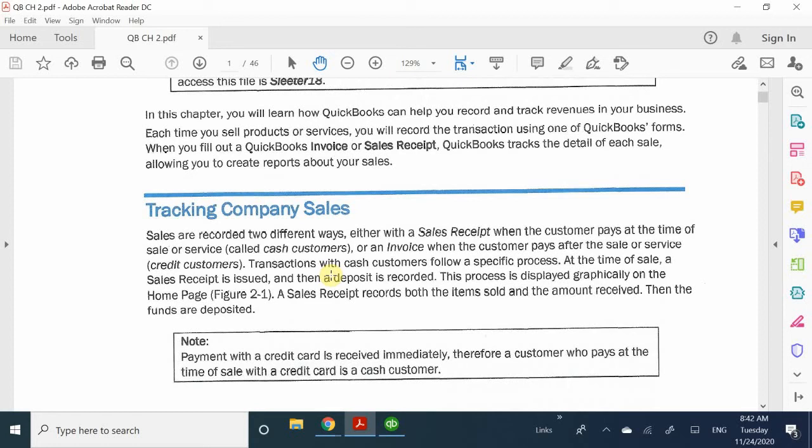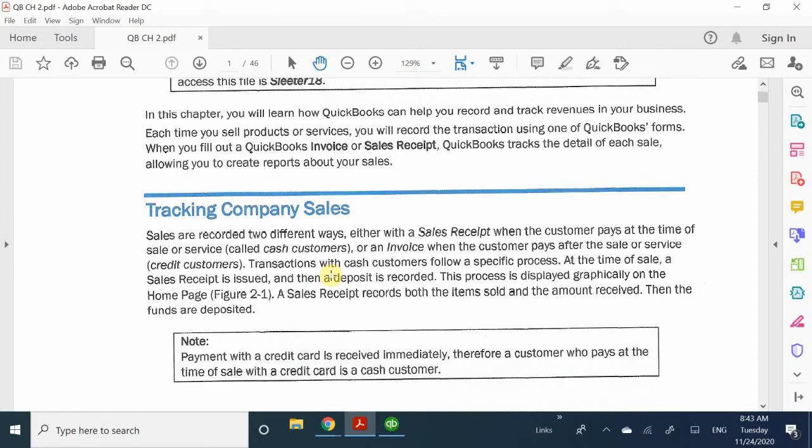For manufacturing, same thing, you're selling the item that you produced. So sales is going to be one of the biggest components as far as QuickBooks goes, because the one thing you need is a large clientele list to be successful in business, okay? That's our main goal. Our main goal is to make money, and this is how we're doing it.